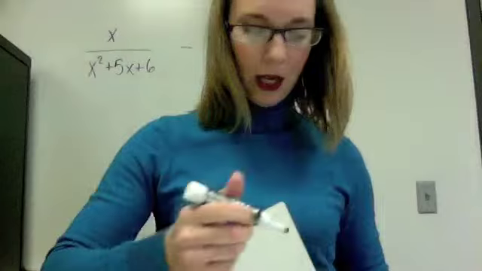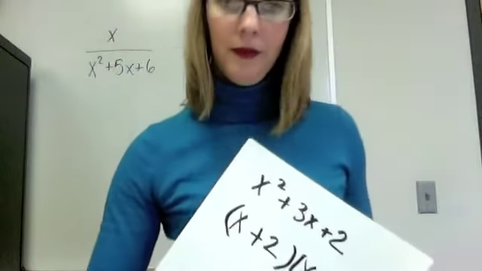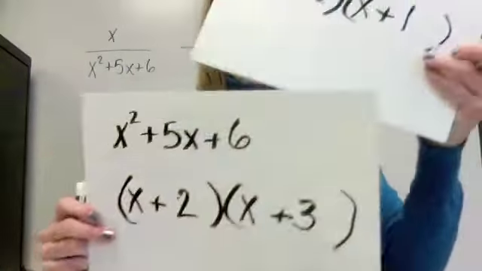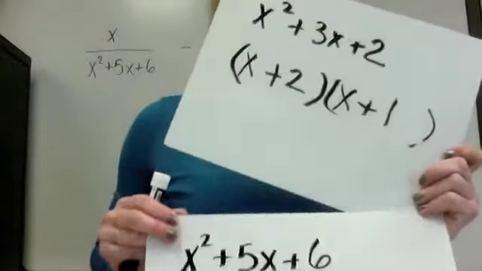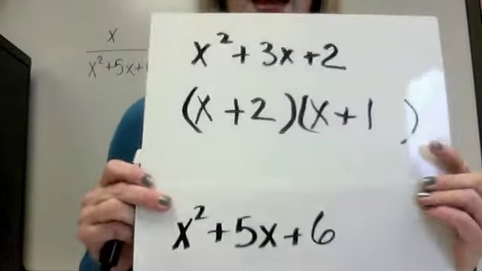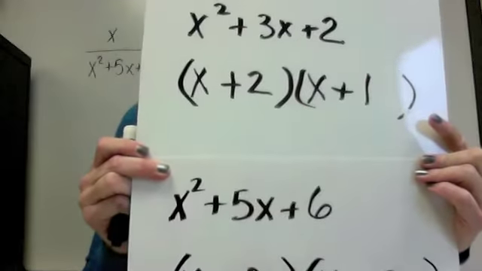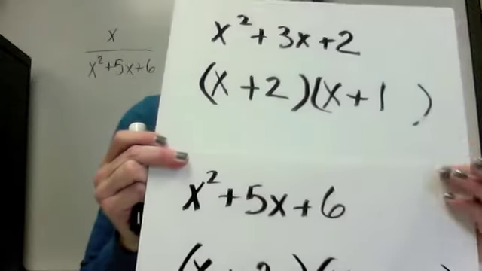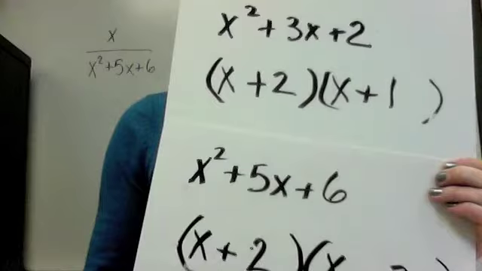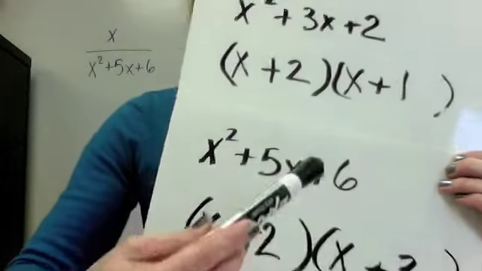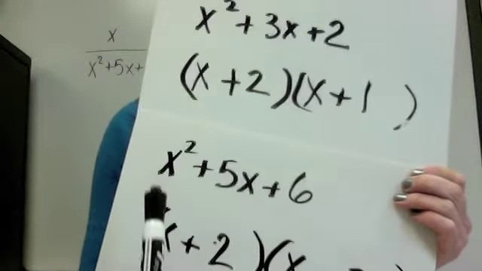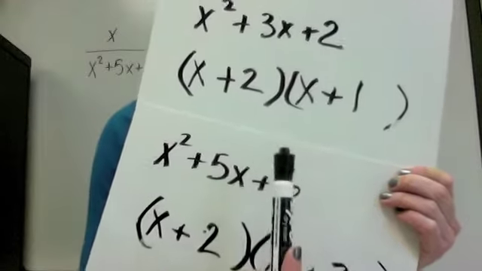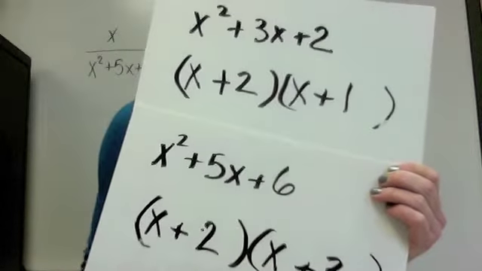So we look at what we have. They each have an x plus 2. The one is missing an x plus 3 and the other is missing an x plus 1. So our common denominator is going to be x plus 2, because they share that, and then an x plus 1 and an x plus 3.